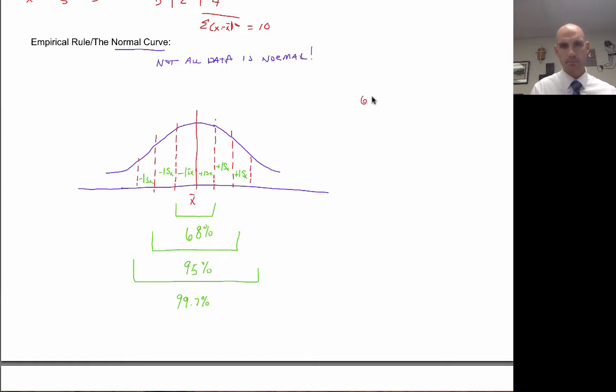So what's the empirical rule? 68%, 95%, and 99.7% within 3 standard deviations of the mean.